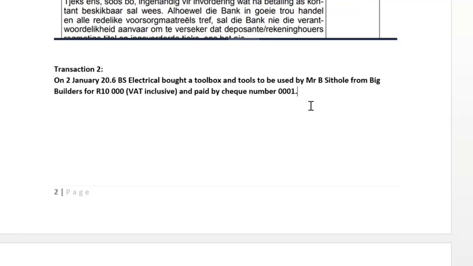So my question is, what is the source document, or what are the source documents for this transaction? We're on transaction number 2. I want to know, what are the source documents?